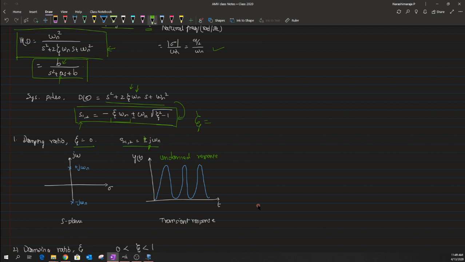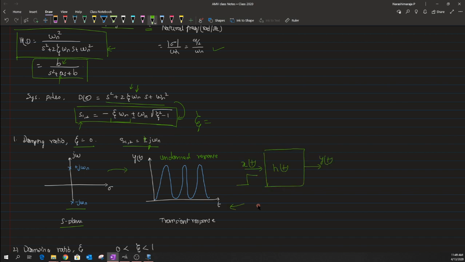Okay. And the same when we look across the transient response, or the timing behavior of the output, when I apply a step input to this transfer function, let me write it as h of t. Then the output of this step response will have this kind of output, which is defined here as y of t.